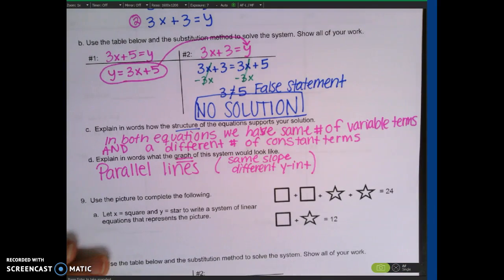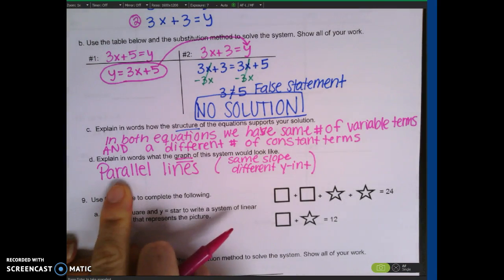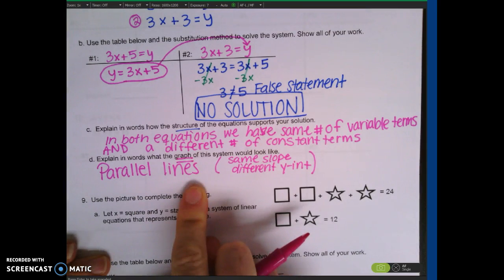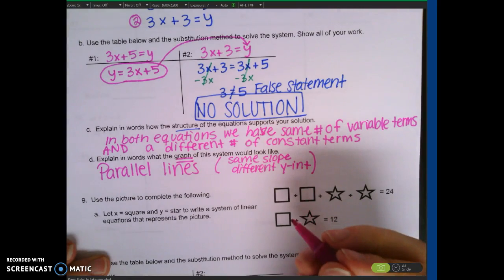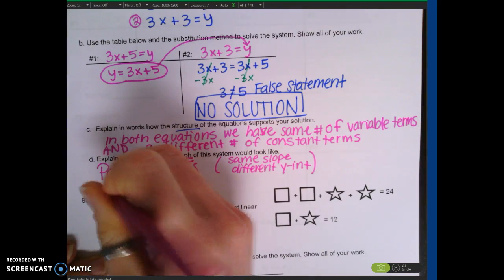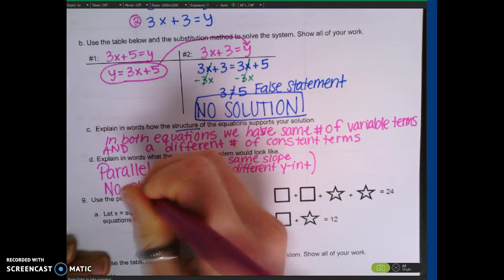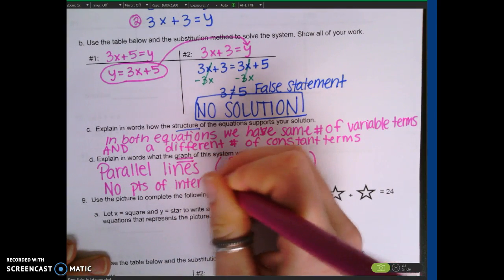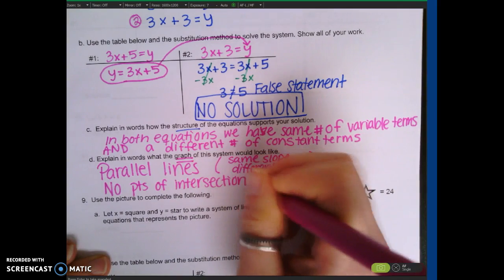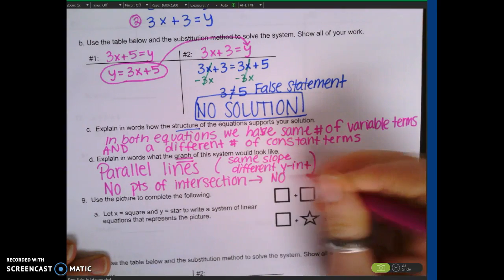Think about the picture of these lines. How many times do they intersect? Never. So how many solutions are there? None. No points of intersection, which means we have no solution.